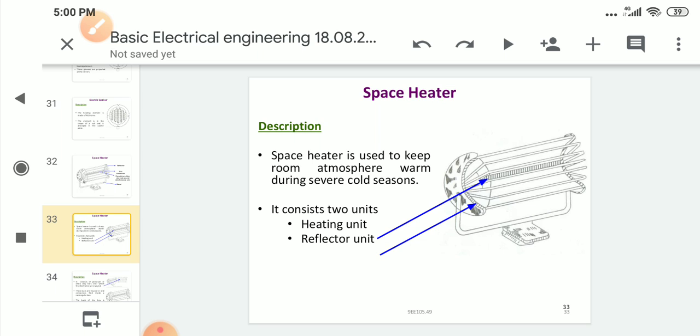The heating element may be screw-in type or plug-in type. Like that, the bowl type is also there; the heating element is bowl shaped. All the construction is the same, just the shapes are different. Here is a figure; it is of rod type only.